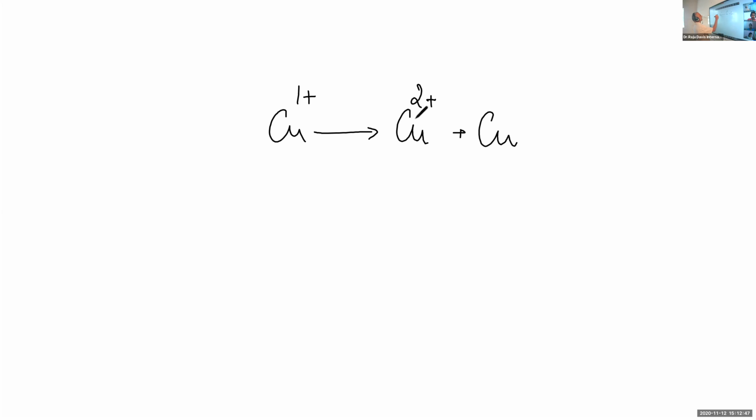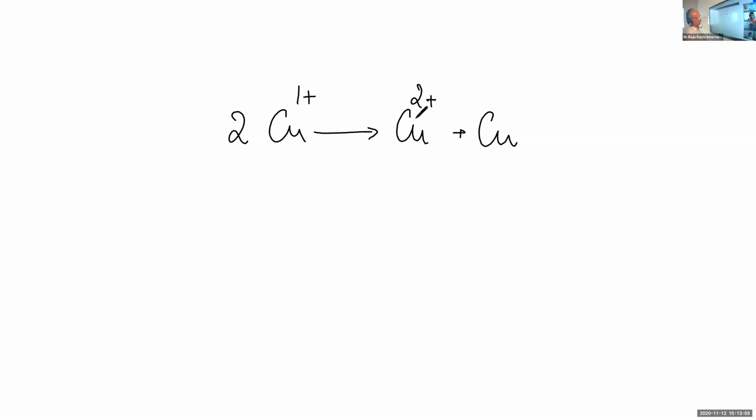Remember, here there is only one reactant, the Cu plus 1 ion, copper 1 ion.